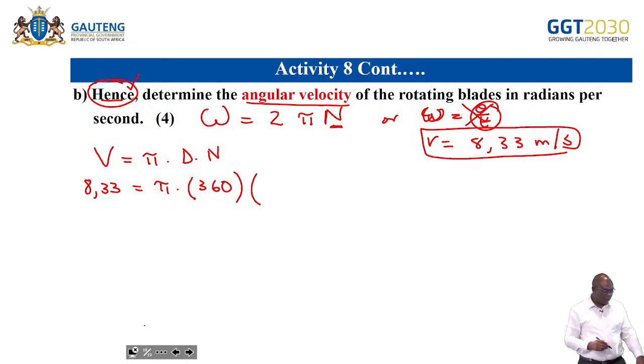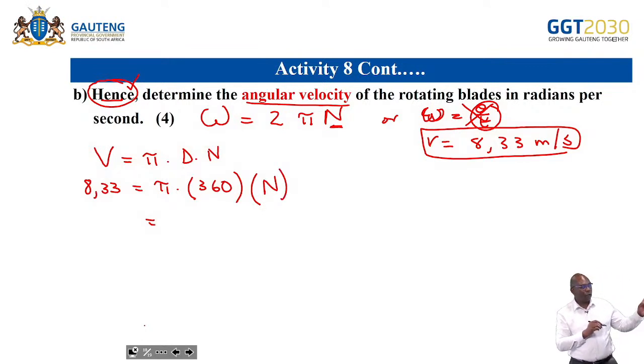What will the number of revolutions be? I don't have it, but I have all this, and pi I do have. So I'm going to take out my calculator, and it's going to be 8.33 divided by pi multiplied by 360.